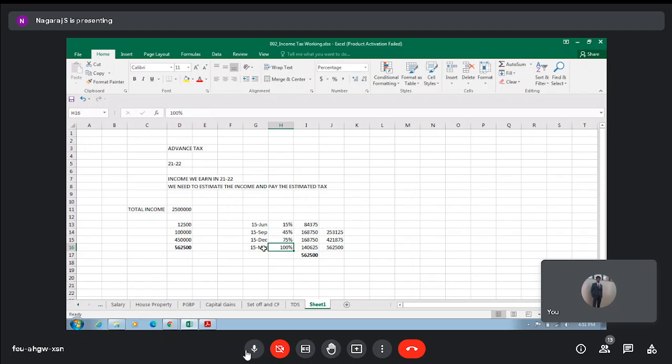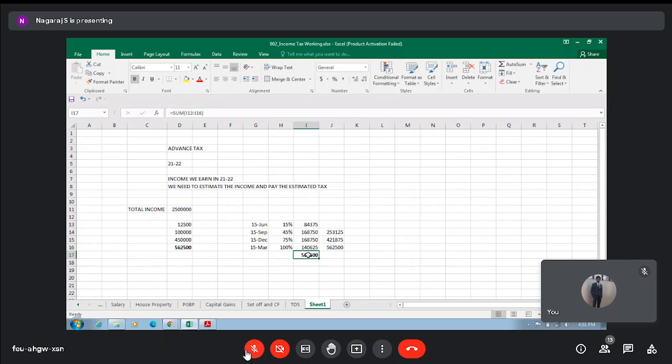The date is 15th, common for all. 100% you should have paid. I already paid 4,21,875 till here, so only the balance I need to pay on March 15th. Your total tax will be 562,500, whatever you have calculated. Okay, this is the basic calculation.